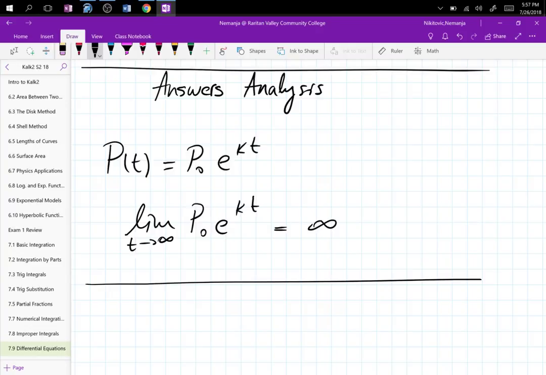And the project will contain what I have here, Newton's law of cooling. Newton's law of cooling is used to calculate the time that you need to cool an object from a certain temperature to a certain temperature, or to heat an object from a certain temperature to a certain temperature.